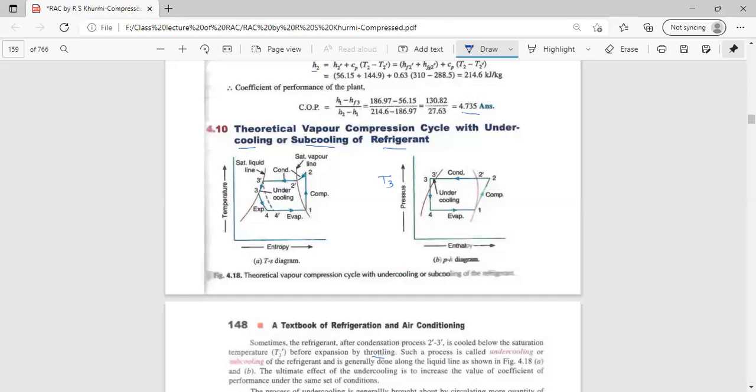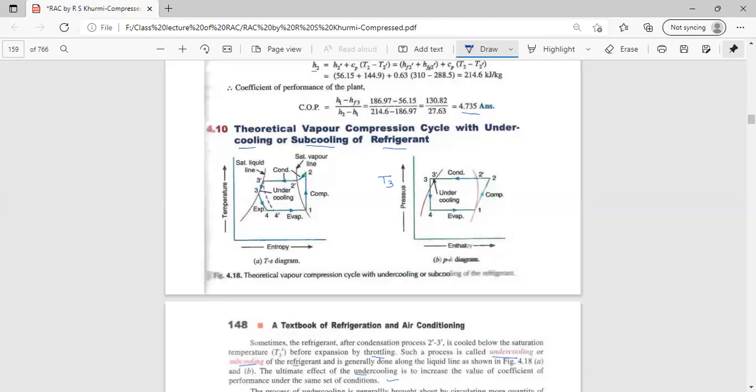Such a process is defined as undercooling or subcooling of the refrigerant, generally done along the liquid line as shown here. The ultimate effect of undercooling is to increase the coefficient of performance under the same state conditions.